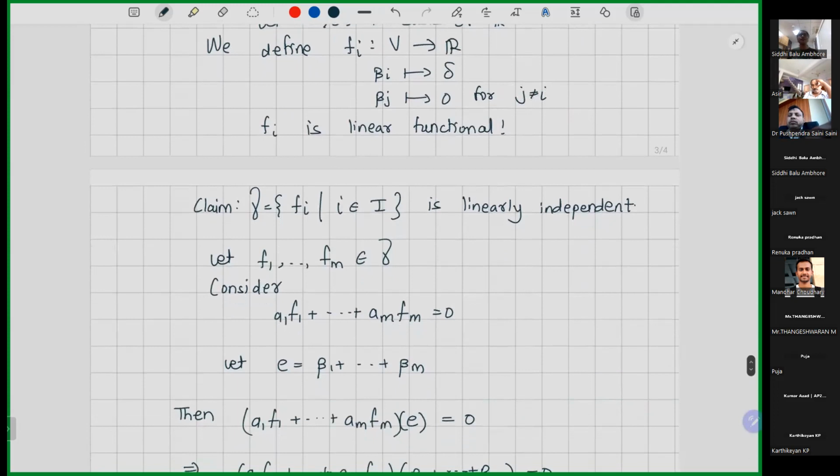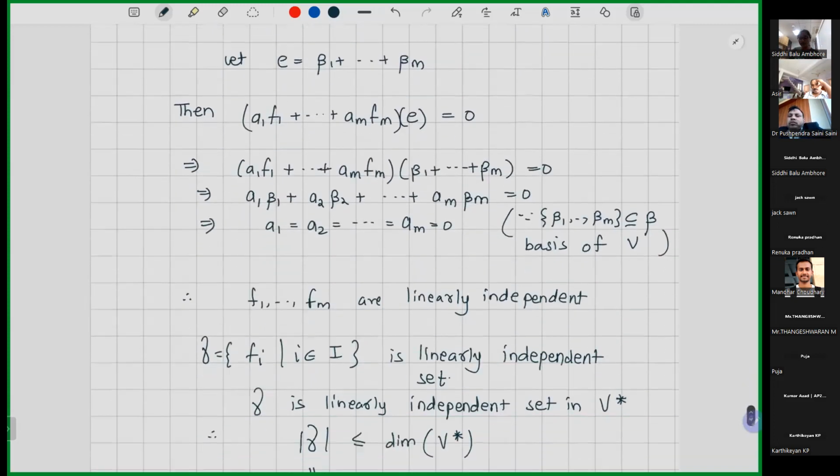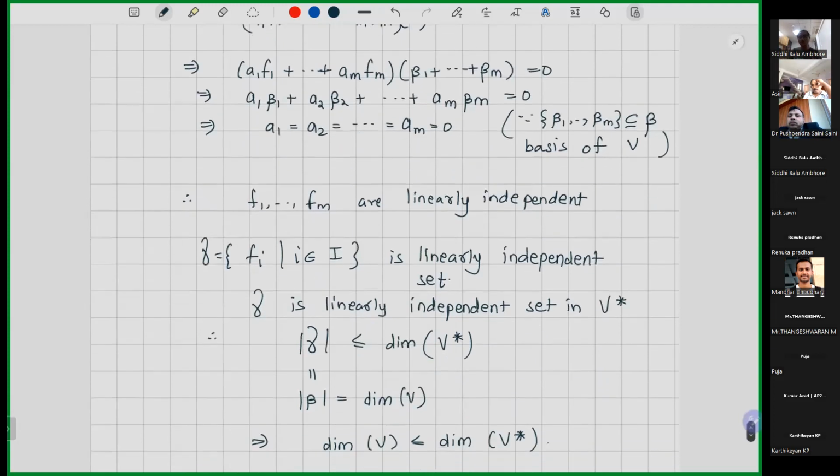So a basis will definitely have either this many elements or it might have a few more, but it will definitely have at least this many elements. So from that we can say that the cardinality of gamma is less than or equal to the dimension of V star, because a basis is the maximal linearly independent set. I mean maximal in terms of cardinality.